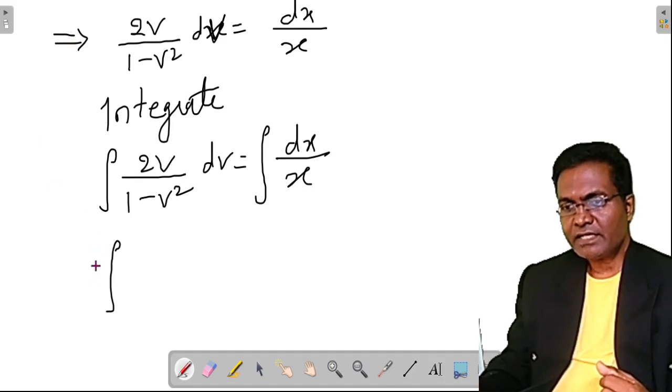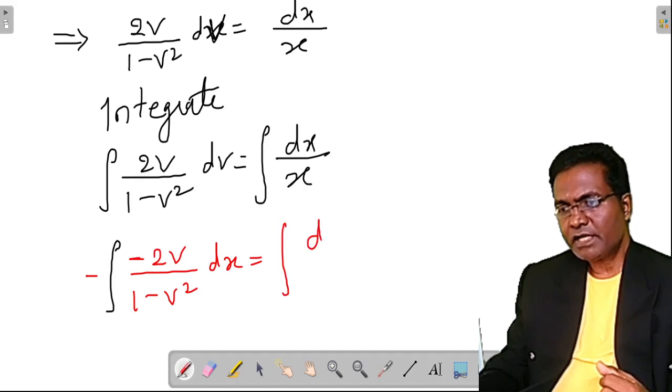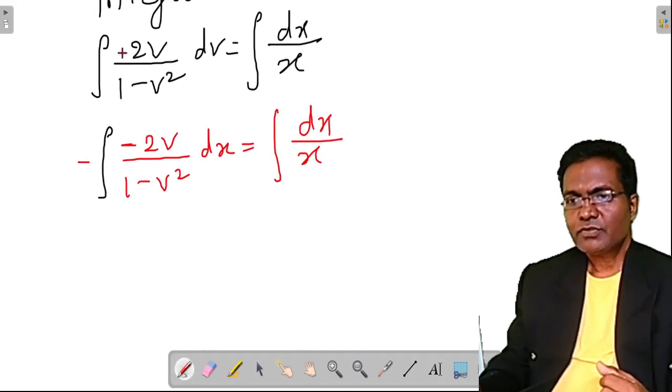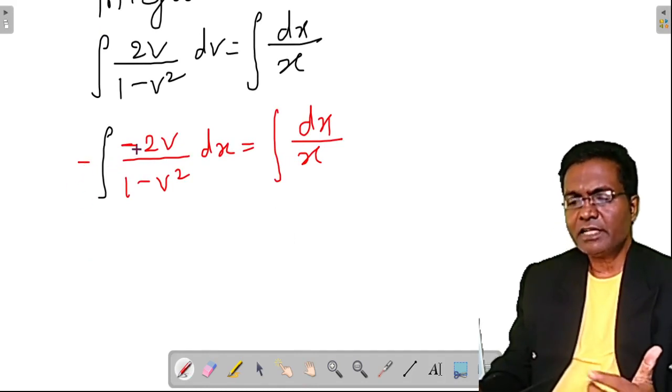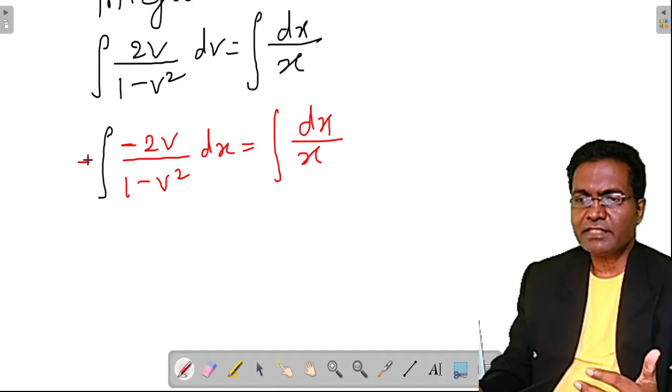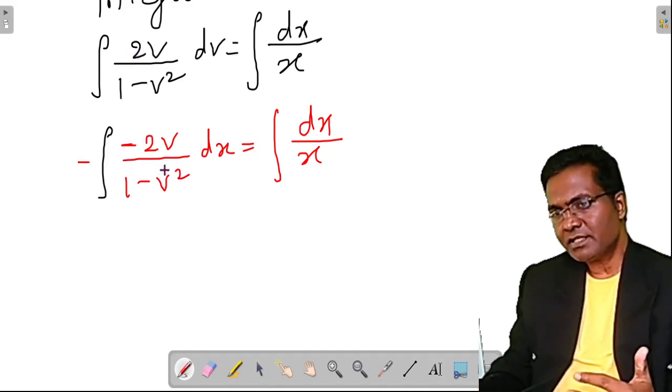So I can write it as minus of the integral of (minus 2v) by (1 minus v square) dv equals integration dx by x. I have multiplied and divided, minus into minus becomes plus. I just made an arrangement so as to make the derivative of the denominator the numerator.